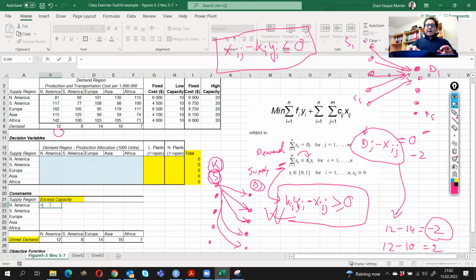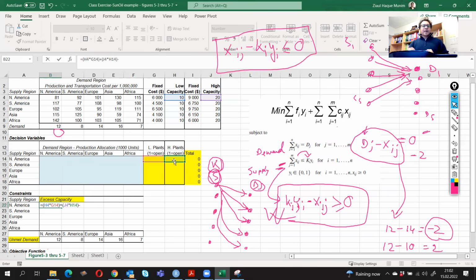The capacity we have in North America is, first, the low capacity multiplied with if that low capacity plant is going to be open or not, plus the high capacity multiplied with if that high capacity plant is going to be open or not. This is our total capacity in North America.